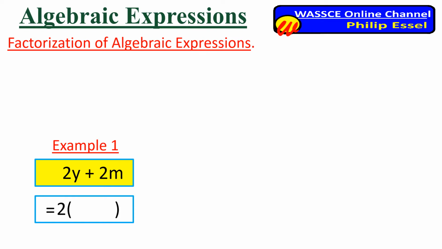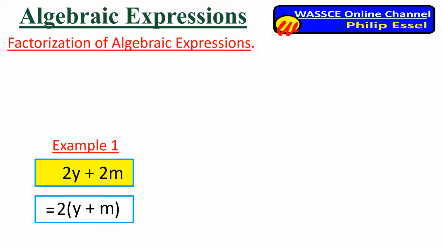The items that are not common factors are y and m, so we would write them inside of the bracket. So at this point, we've been able to factorize our algebraic expression into 2, then we have the bracket y plus m, bracket closed.